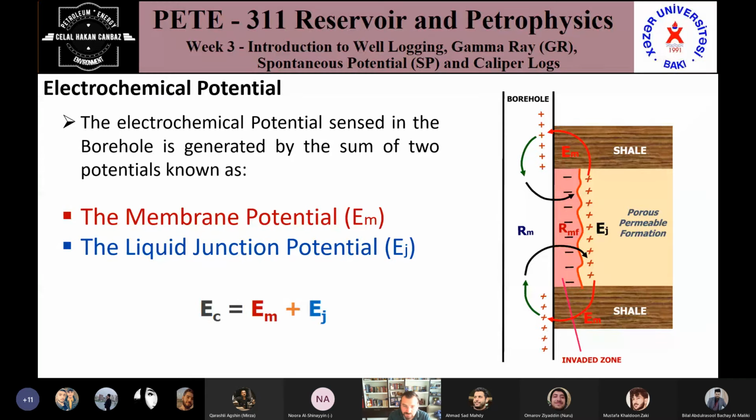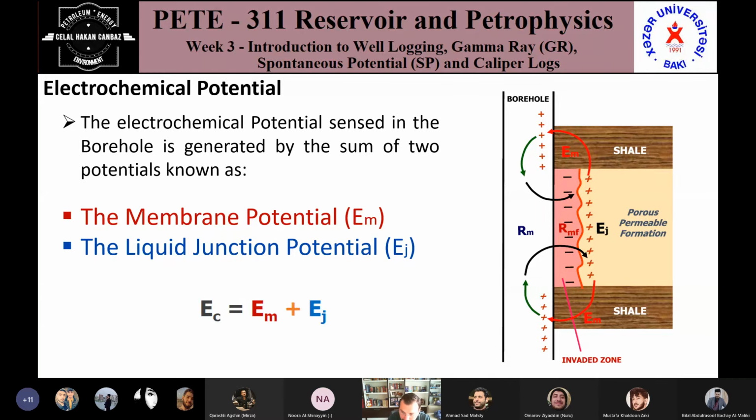For example, the structure of clay minerals in shales and the concentration of negative electric charge on clay particle surfaces give shales a selective permeability to electrically charged ions. So most shales act as cationic membranes, which are permeable to positively charged ions called cations, and impermeable to negative ions called anions.